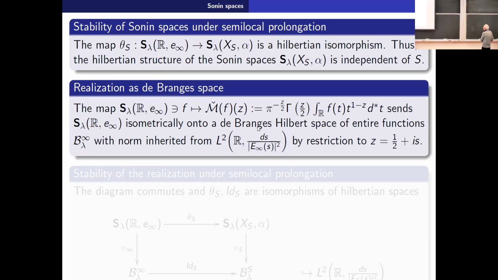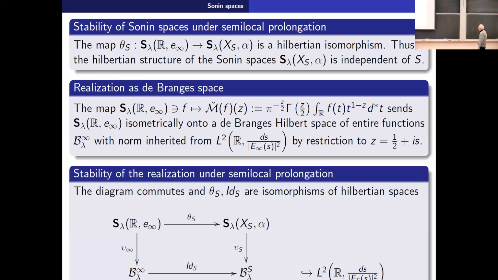So the L2 structure, the inner product of the de Branges space of entire functions, is computed only on a line. I mean, you restrict it to a line because they are entire functions. And so that's the link in the Archimedean place.